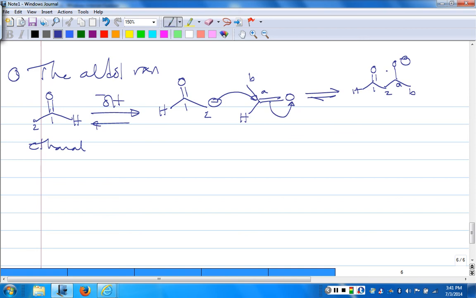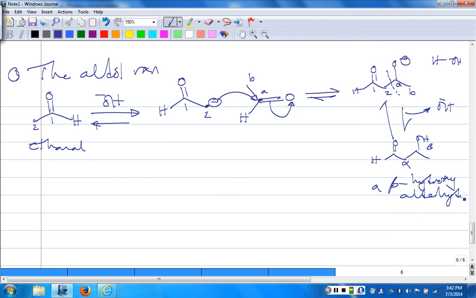The bond that I made is this bond, the C2-Ca bond. Now, eventually what will happen is this will pick up a proton from water, right? We're going to lose hydroxide, and I'll end up with this species. And this species, here's my carbonyl carbon, this is my alpha carbon, that's my beta carbon. This is a beta hydroxy aldehyde.